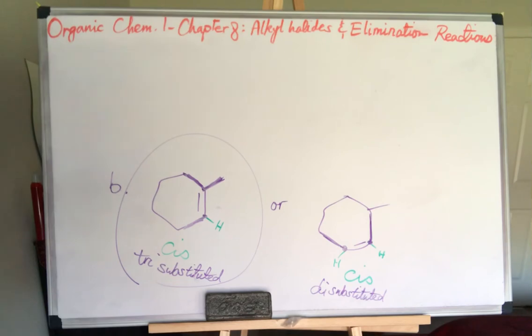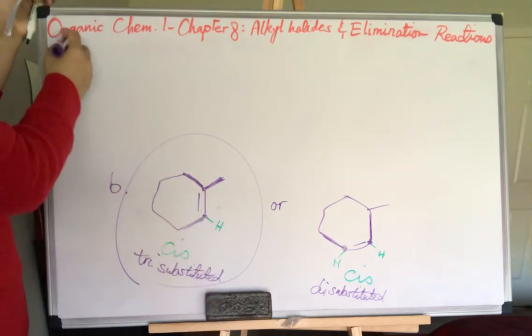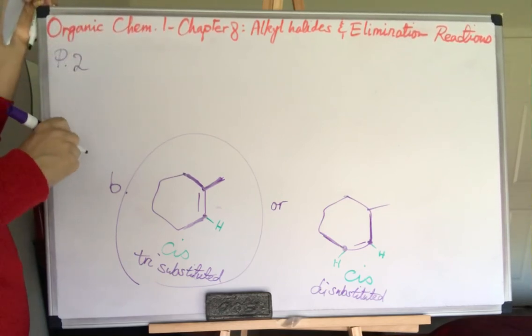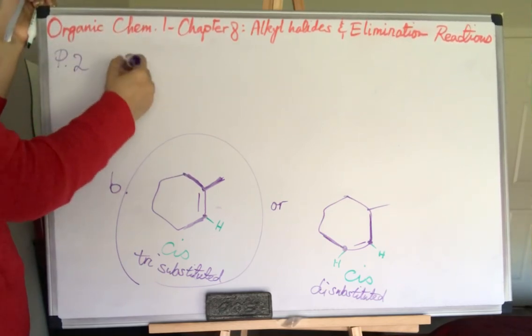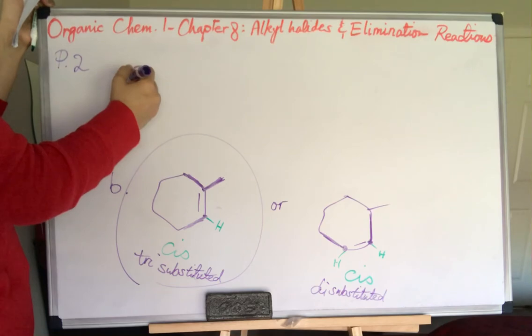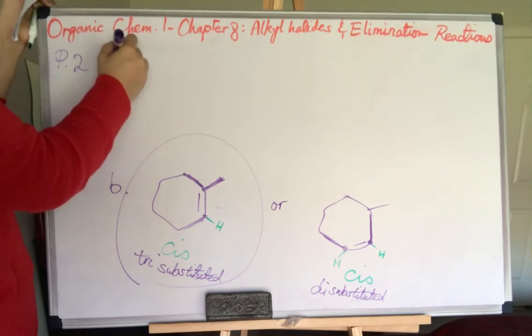Okay. Now we're still on page 2. We are classifying each double bond based on the substitution. Let's work on A first.